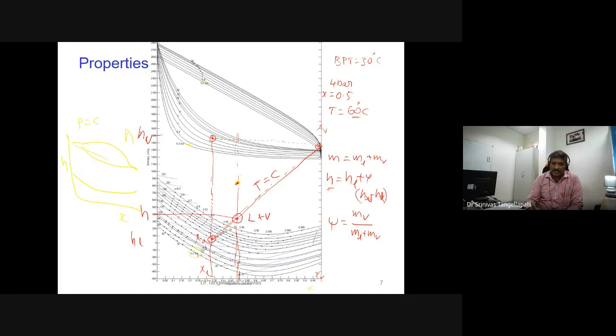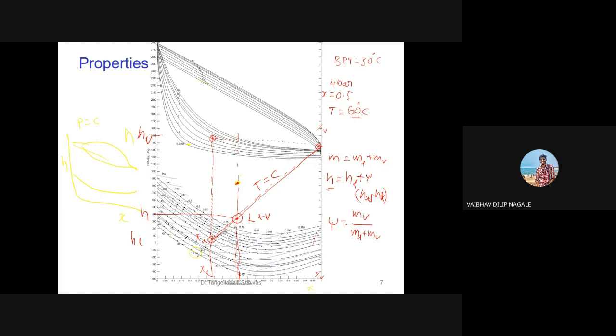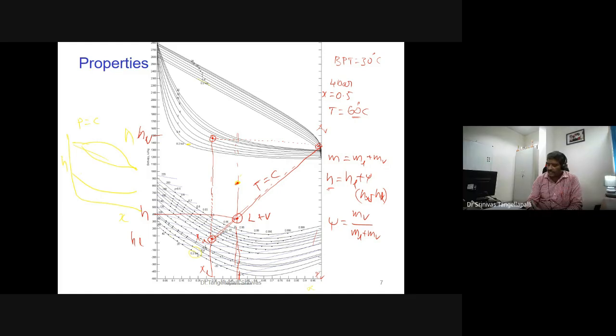H and HL, this line, okay? Delta H. You may simplify for HV minus H or H minus HL. This length you are getting.